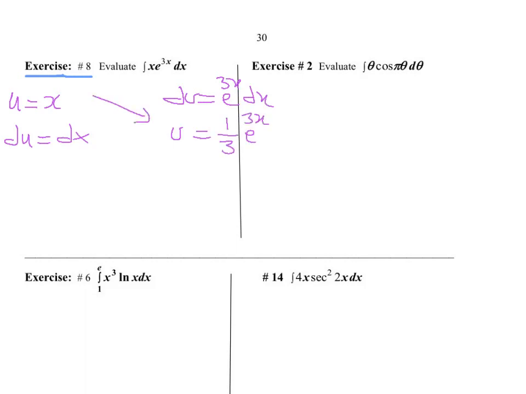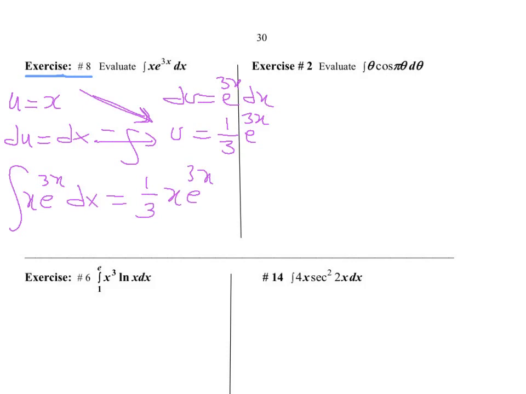This is the rule, uv minus integration of v du. So integration of x e^3x, this is the required integration, is equal uv, which is one third x e^3x, minus integration of v du, which is this here, e^3x dx. This is equal to 3.